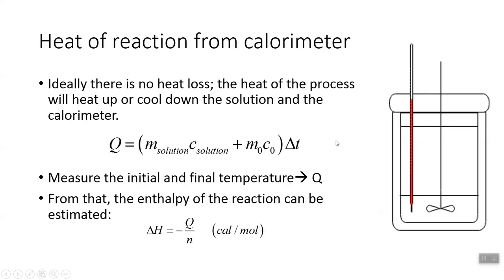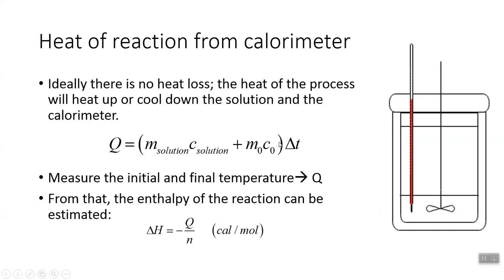The principle of calculation is that ideally there is no heat loss, so the heat of the process will be used to heat up or cool down the solution inside and the calorimeter. The value of heat is estimated by this equation. In the equation, mass of the solution times the specific heat of the solution is the heat required to raise the temperature of the solution by 1 degree, and M0 C0 is the heat required to raise the temperature of the calorimeter by 1 degree.